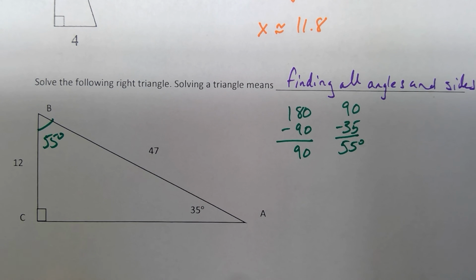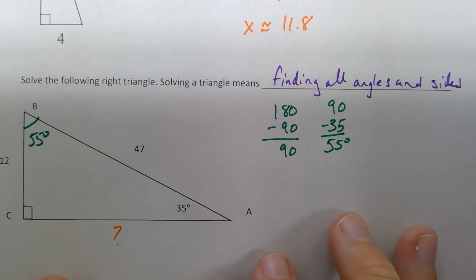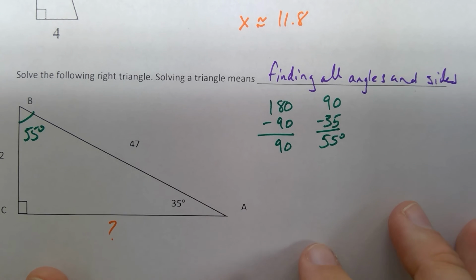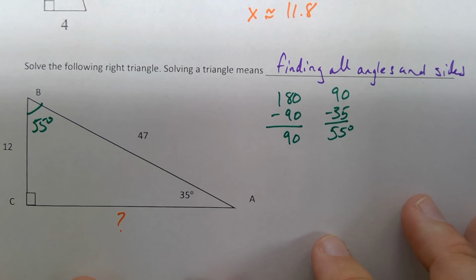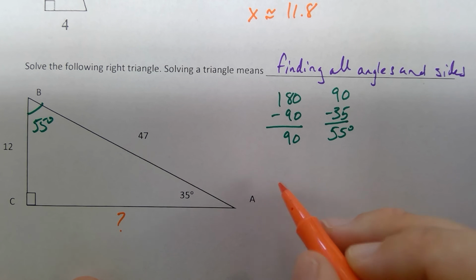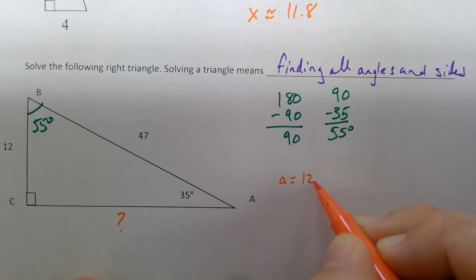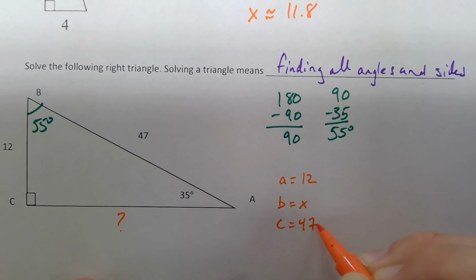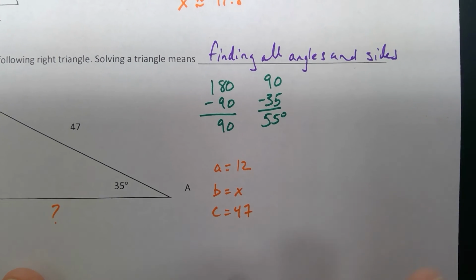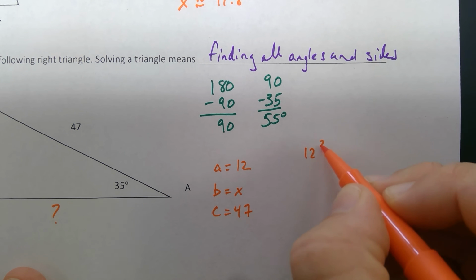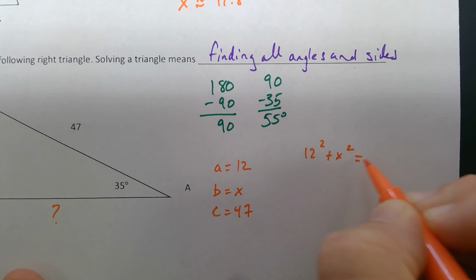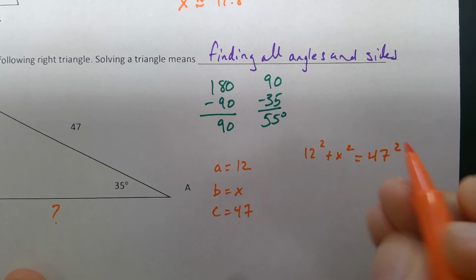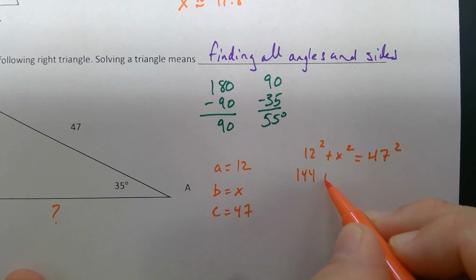Now we need to find this missing side length. Okay? So let's go ahead and say that if I have two side lengths, I'm going to use the Pythagorean theorem here. So I know that A equals 12, B equals X, and C equals 47. So let's go ahead and plug into our equation. 12 squared plus X squared equals 47 squared. Break out the calculator.